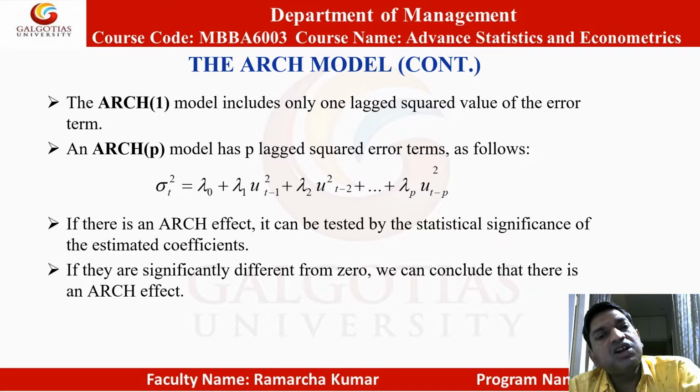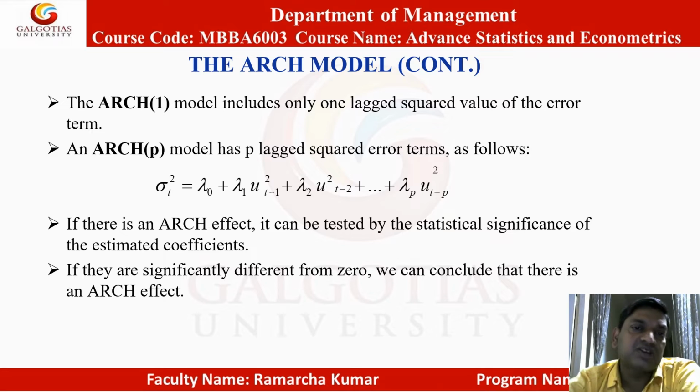The ARCH(1) model includes only one lagged squared value of the error term. That's why you have 1 in the parenthesis, because it only includes one lagged squared term of the error term.